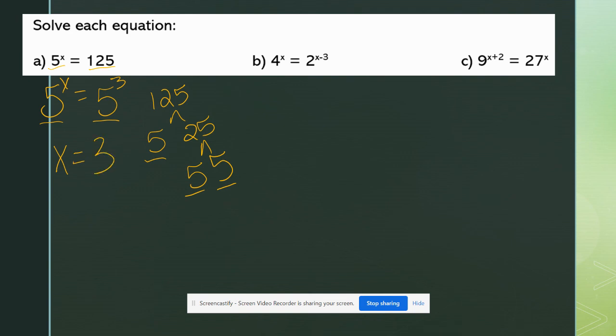The exponents say that x is equal to 3. So we've solved this to know that x is equal to 3. That means if I were checking this answer, 5 to the third is 125. And if I put that into my calculator, 5 caret 3, we should get 125.